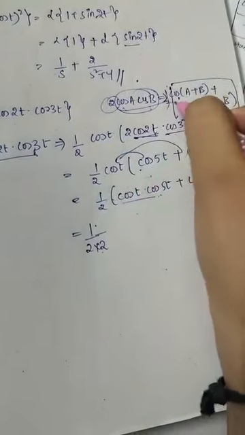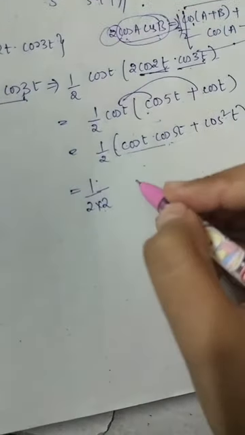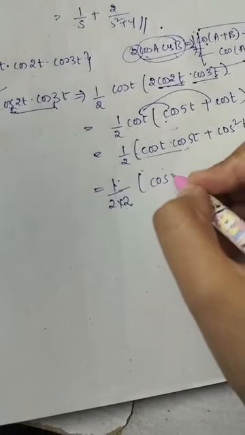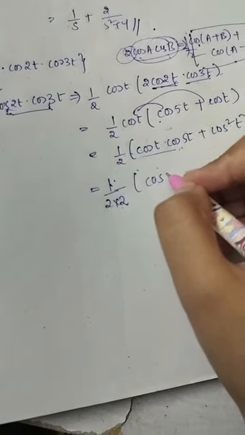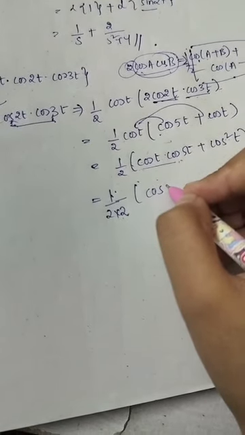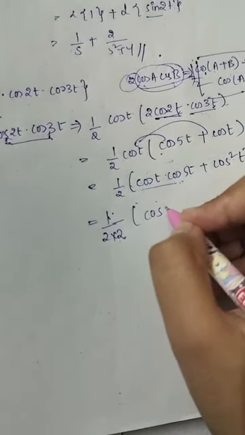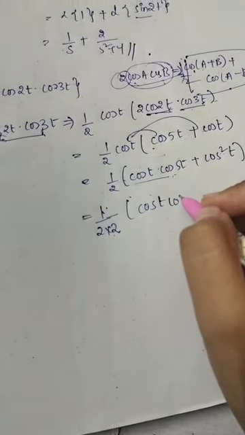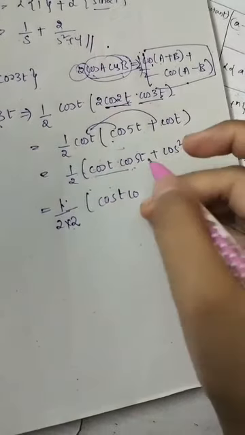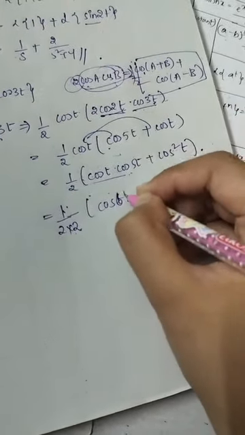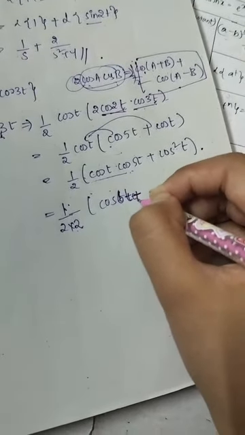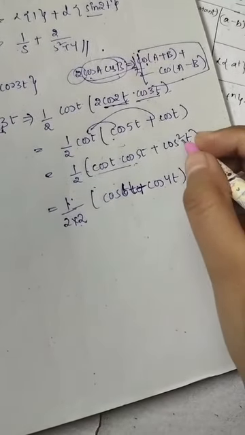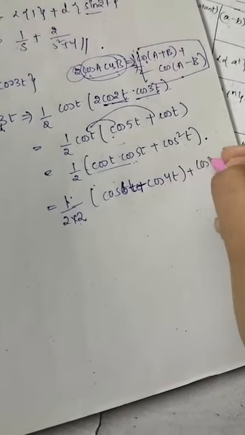Here 2 will go this side, so it will become 1 by 2. So 1 by 2 into cos 6t plus cos 4t plus cos square t.